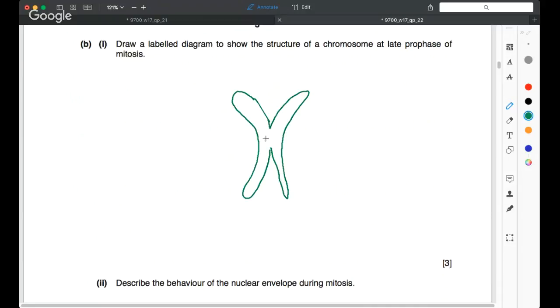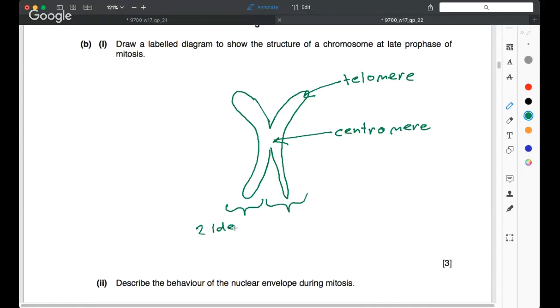It's supposed to be a bit narrower, but it's not. It's fine. I know what you mean. That's good.